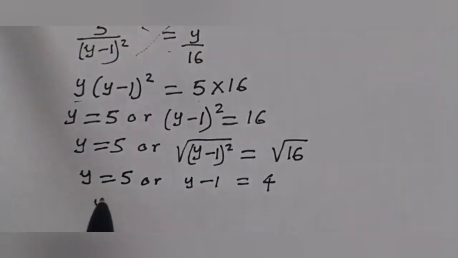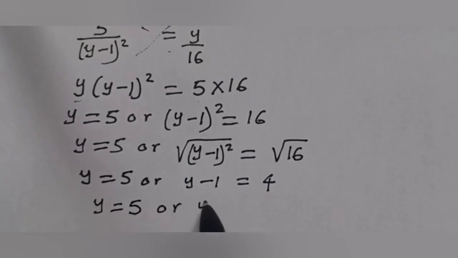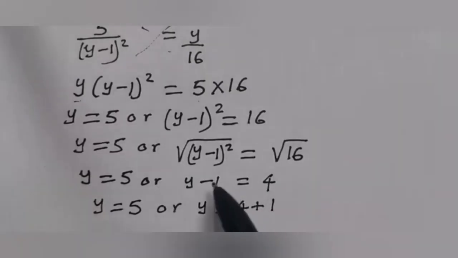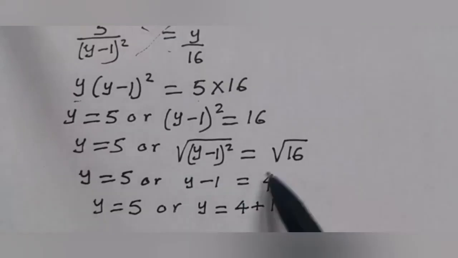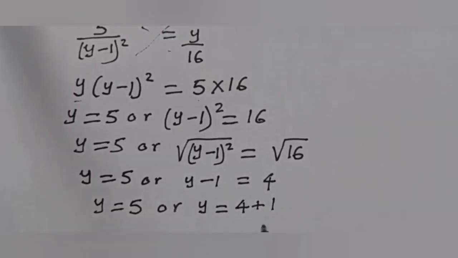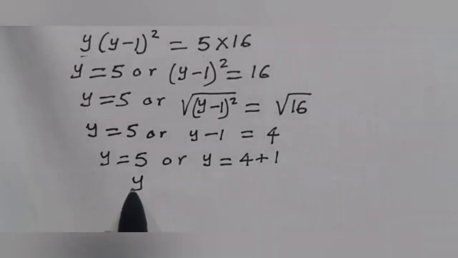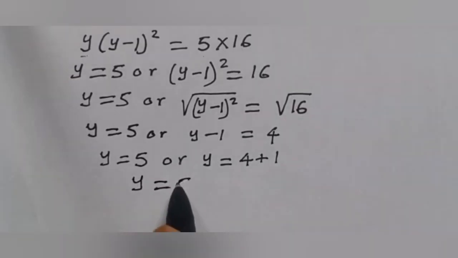So we have y equals 5 or y equals 4 plus 1. Shift this one to that side. It has a negative sign. Once it shifts to the other side, it acquires the positive sign. So we have y equals 5.